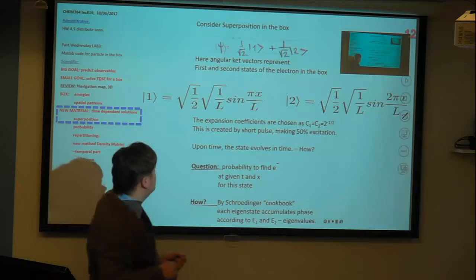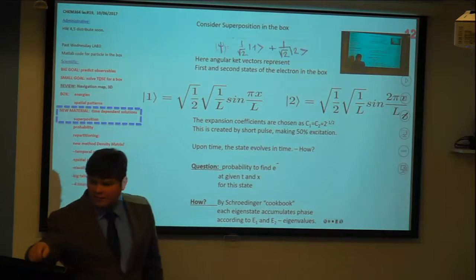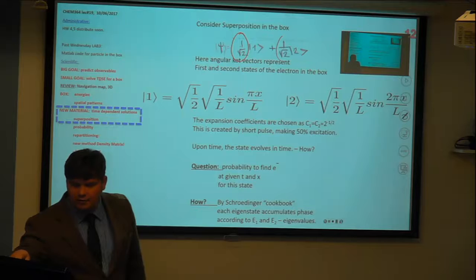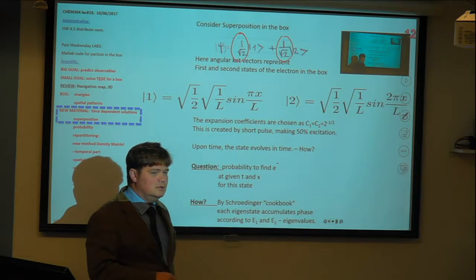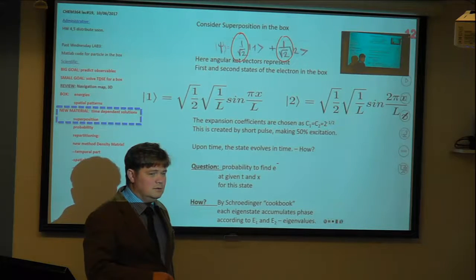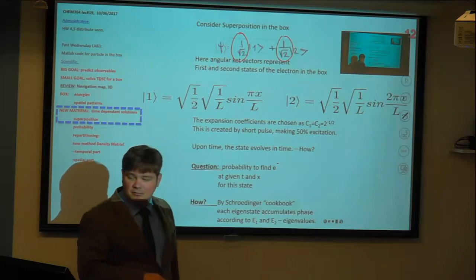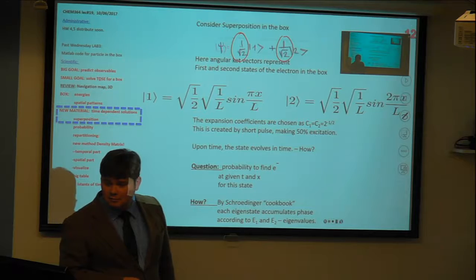So why do we have square root of 2 here? Normalization. Yes. So how to prove that 1 over square root of 2 is correct?